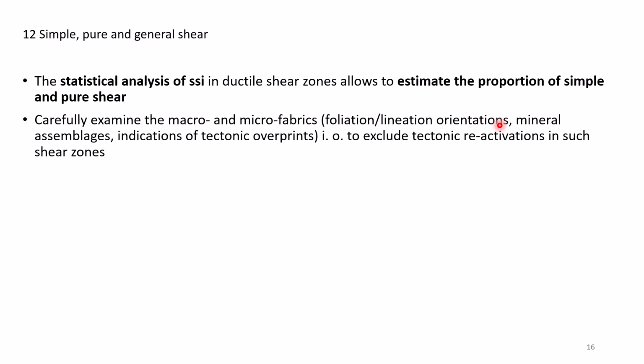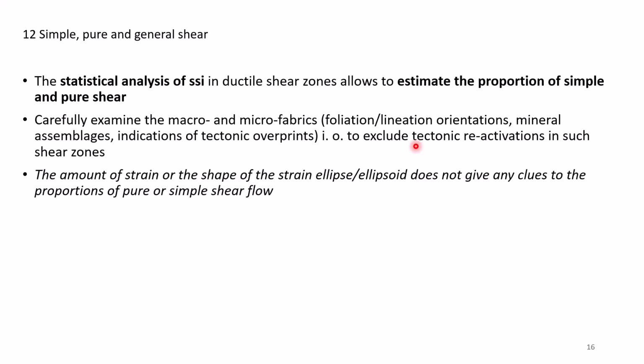It is very important that in a given shear zone that we want to analyze for the purpose of estimating the proportion of simple and pure shear, we can exclude tectonic reactivations and overprints, because if our shear zone has a very complex history with, for instance, changing stress field orientations, then the method of evaluating shear sense indicators will not yield a useful result.